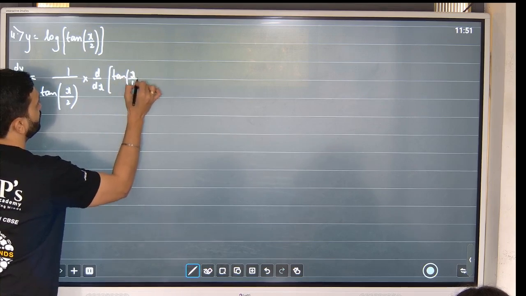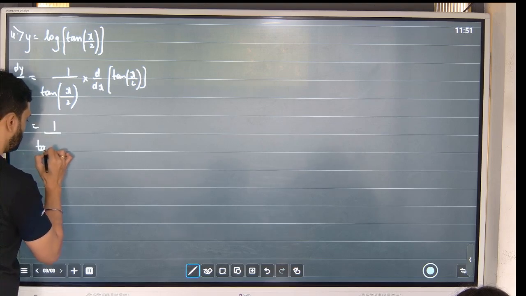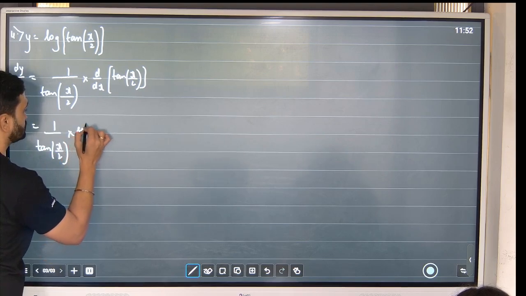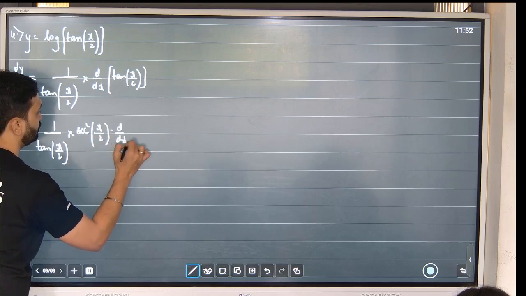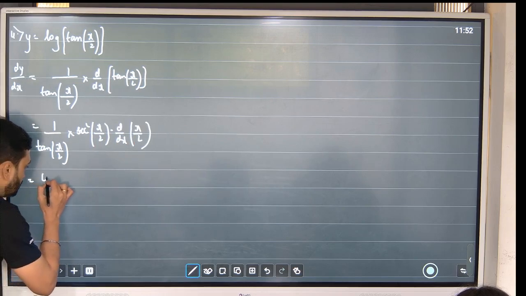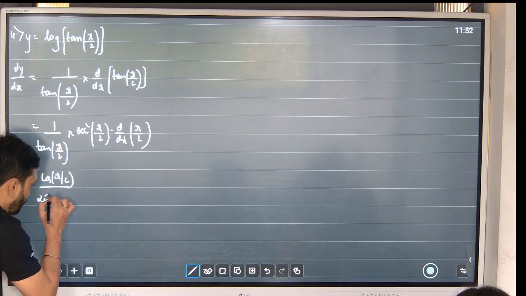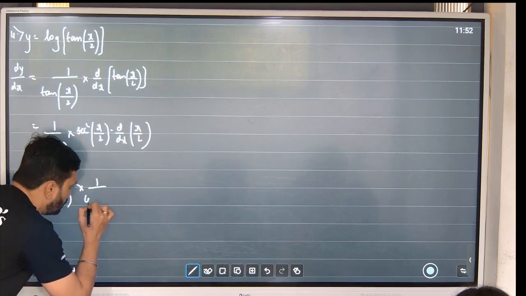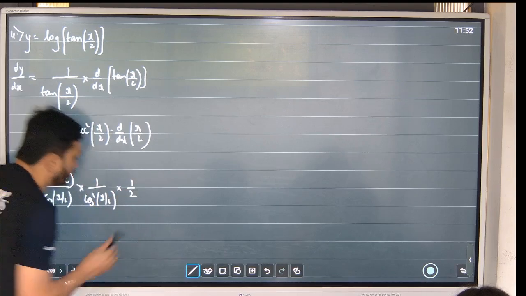Derivative of tan x by 2, which will become 1 upon tan x by 2 into sec square x by 2 into derivative of x by 2, which will become cos x by 2 upon sin x by 2 into 1 upon cos square x by 2 into half.